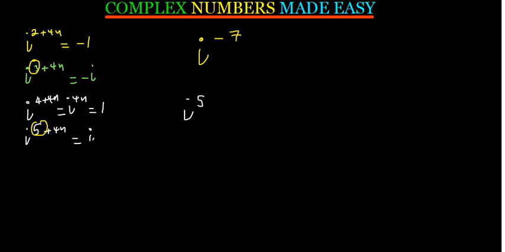I to the power 5 plus 4n is equal to i to the power negative 7. So this is going to be 5 plus 4n is equal to negative 7. I'll take 5 the other side, so 4n is going to be equal to negative 7 minus 5. That is going to give us negative 12.